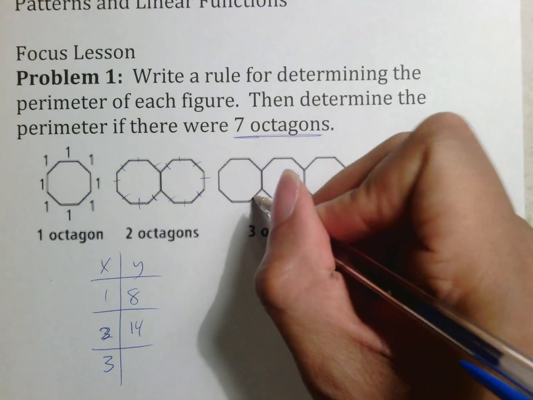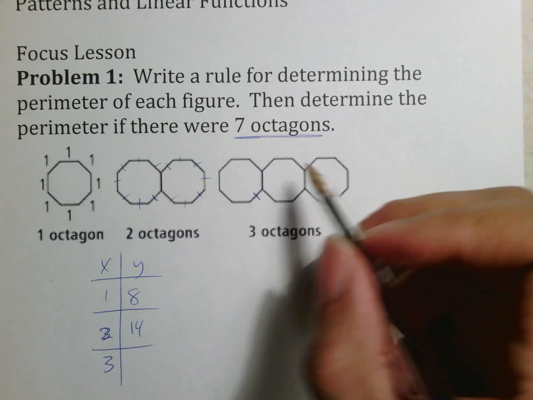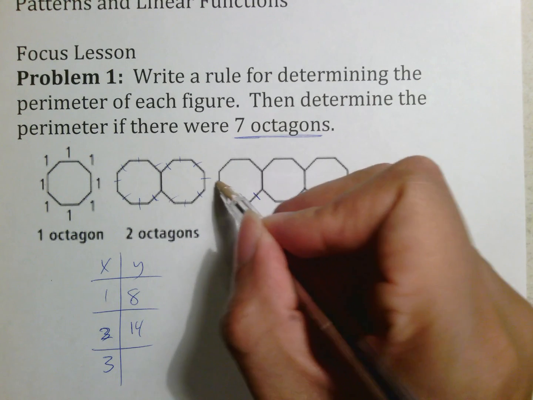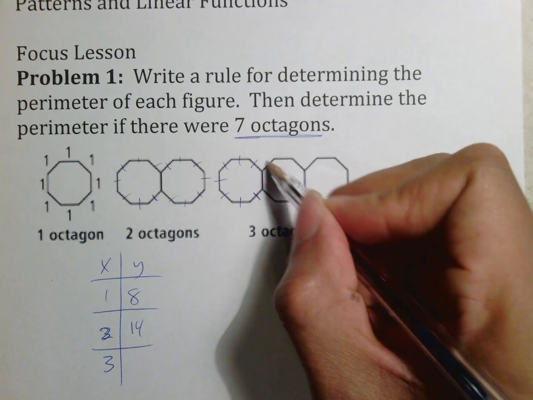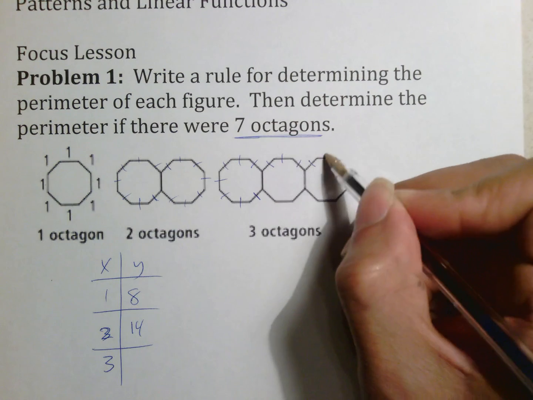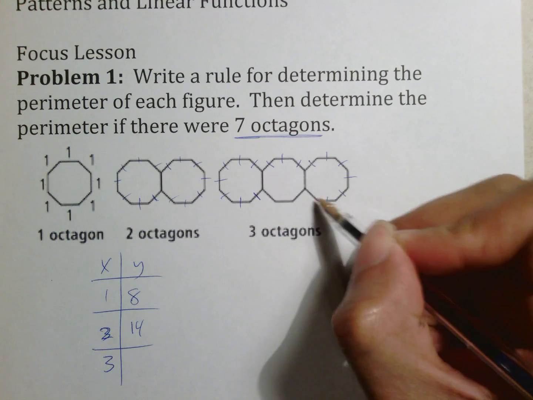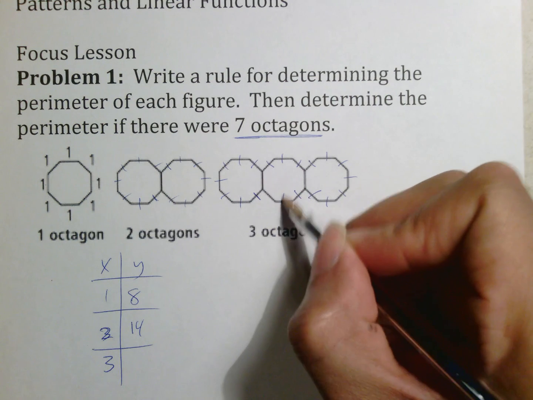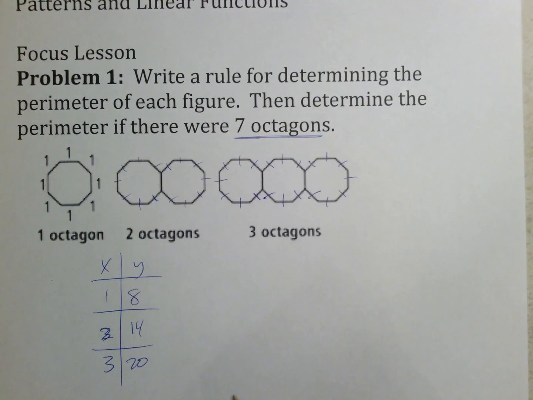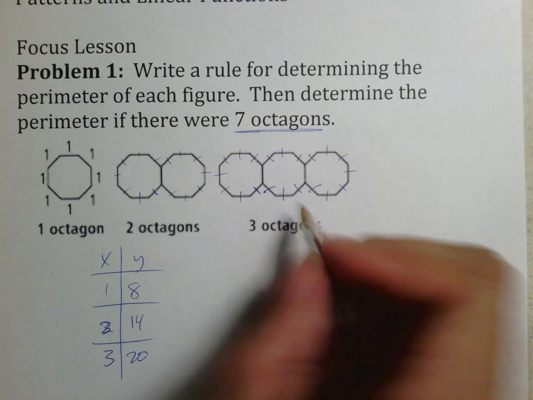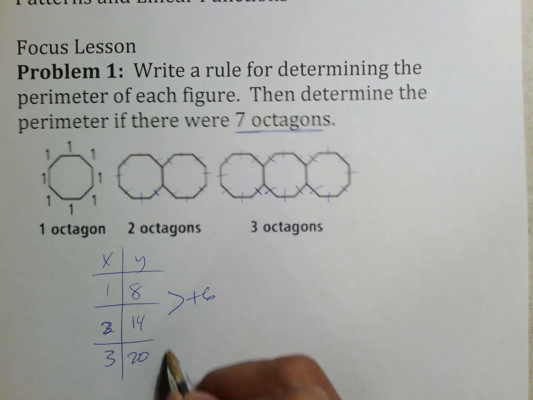And then for 3 octagons, again, I would start somewhere that I can see, and count up to 20, which is my number there. Now that I have those numbers, I look for a common difference.